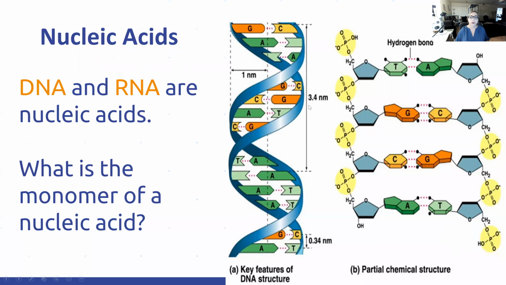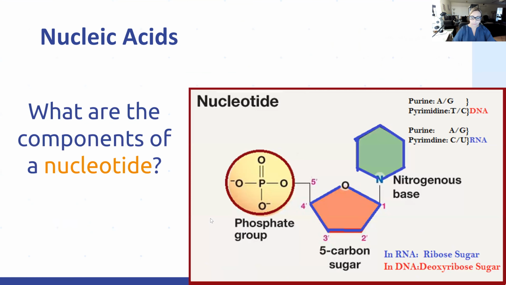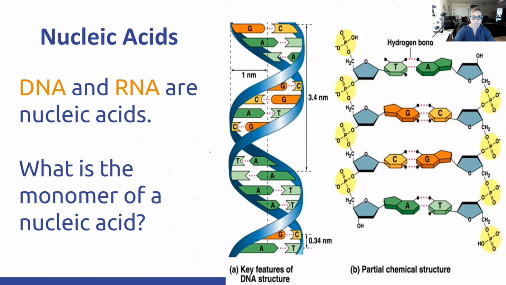So let's move on to nucleic acids. So what I'm showing you here is DNA in two different forms. So this first picture is showing you DNA as a double helix.